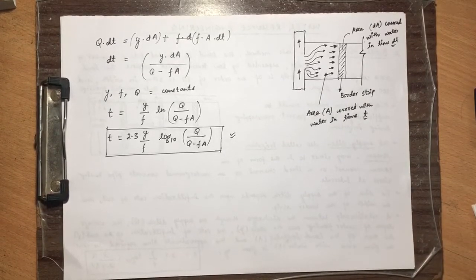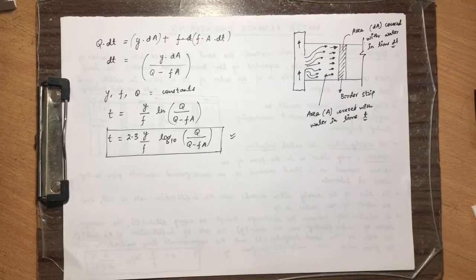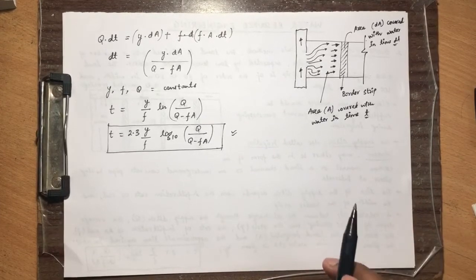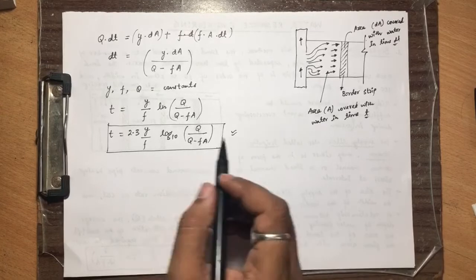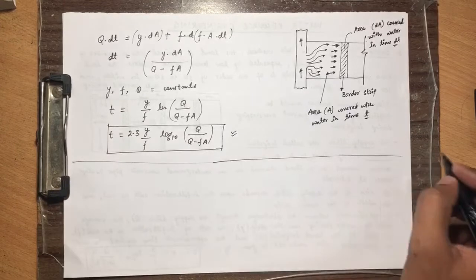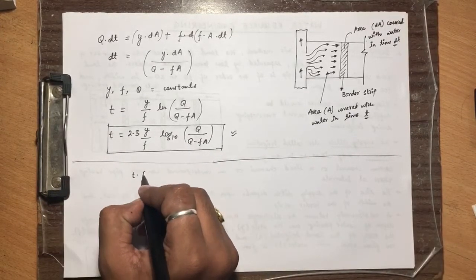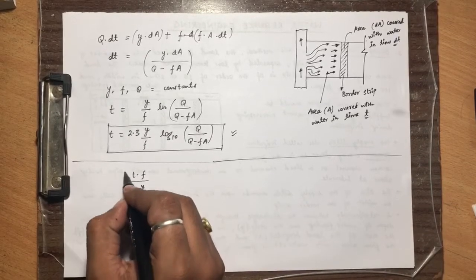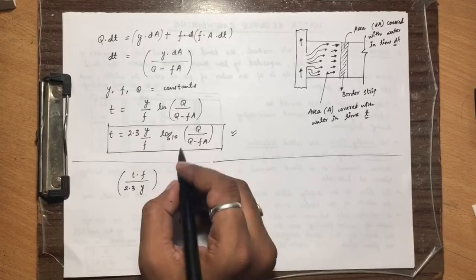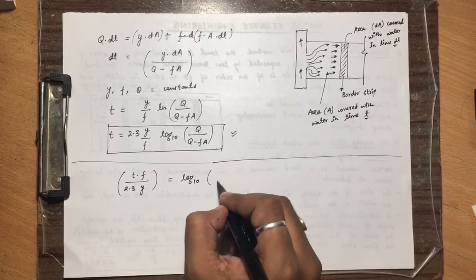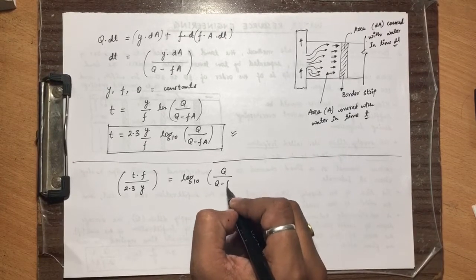Now we can also calculate the maximum area we can irrigate with the supply having discharge Q in the given time T. So let us write this equation in a different form. T into F divided by 2.3 y, taking all these terms together, is equal to log 10 of Q upon (Q minus FA).